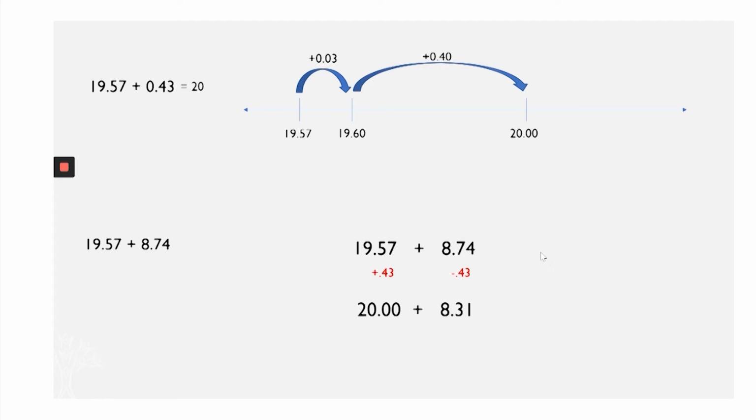So now we have 20 plus 8 and 31 hundredths because 4 take away 3 is 1, 7 take away 4 is 3, 8 and 31 hundredths. So 20 plus 8 and 31 hundredths, I can do that fast in my head. 28 and 31 hundredths. So 19 and 57 hundredths plus 8 and 74 hundredths equals 28 and 31 hundredths. Nice job on our adding number string today.